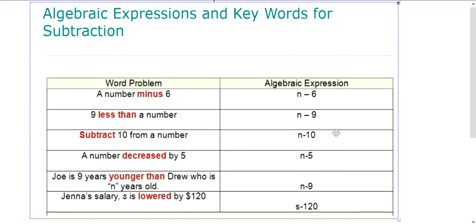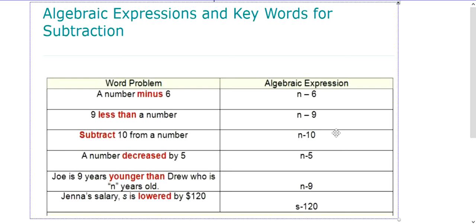Alright, algebraic expressions and keywords for subtraction. Notice how when you read these expressions, it talks about a number, but the number happens before the keyword. For example, you've got minus, less than, subtract, decrease, younger than, lower. Those are the words to let you know that you are subtracting.